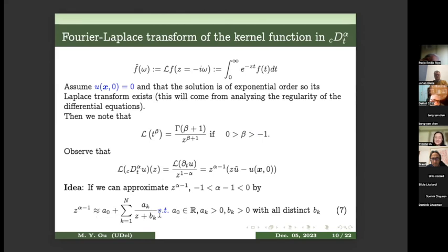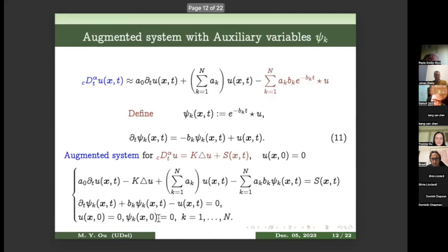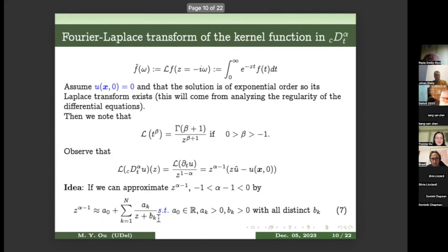So I'm asking a lot here. I want to approximate this Caputo kernel with a number A0, which is a real number, plus a sum of n terms of the form A_k divided by z plus B_k. Remember, I want A0 to be real, I want A_k to be positive real numbers, and I want B_k to be positive as well.